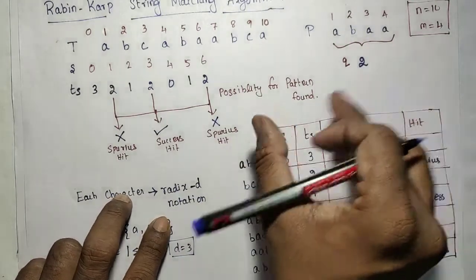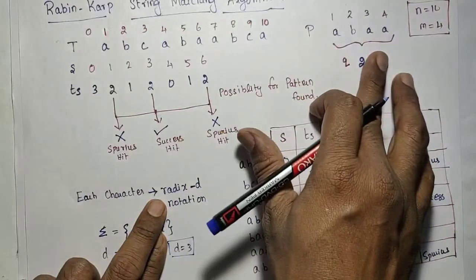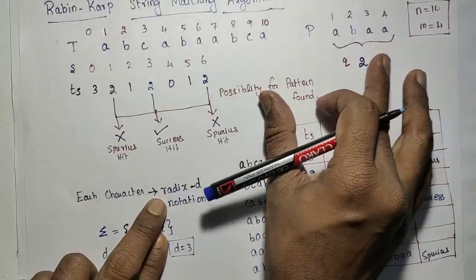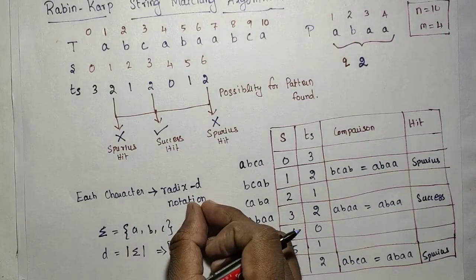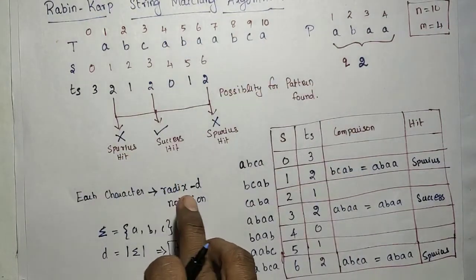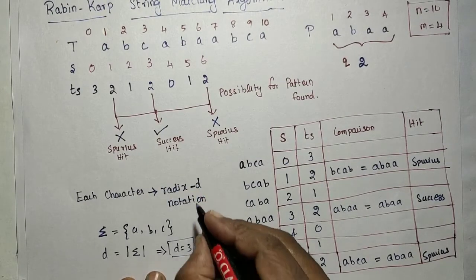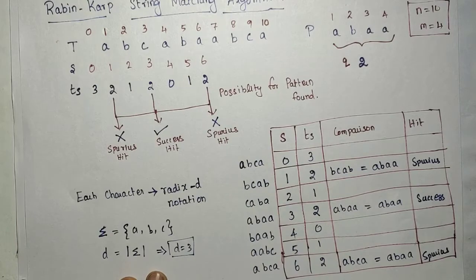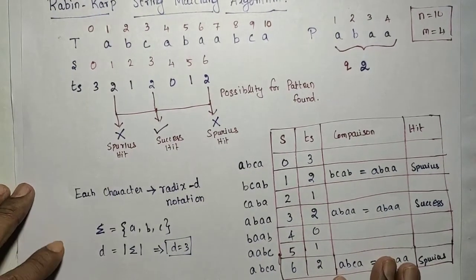Okay, so how many possible unique characters are we going to use in the input string? We need to know that, whether the pattern is radix d, and here it is radix 3 notation. Usually how can we fix it?